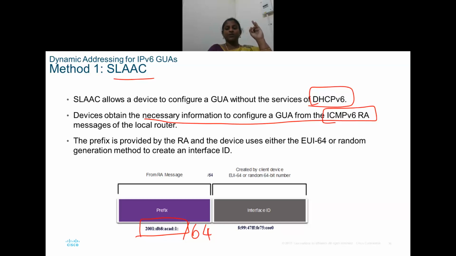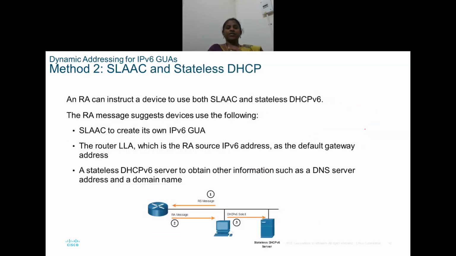Now the client will generate the new IP address using two methods: EUI-64 and the random generation method. A part of the IP address is given through router advertisement. The remaining part of the IP address has to be generated through these two methods.